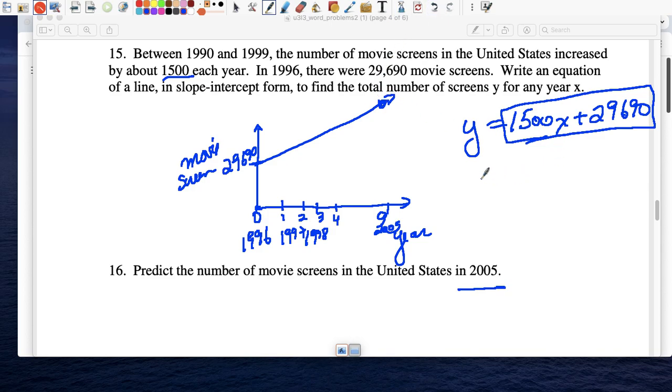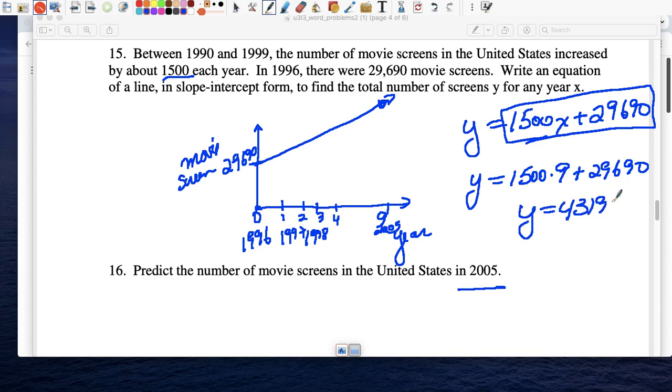Well, let's use our little function here. 1,500 times 9 plus 29,690. 1,500 times 9, enter, plus 29,690 gives us 43,190. So this point right here, and I'll change colors. When it says 9 years after 1996, there are 43,190 movie screens.